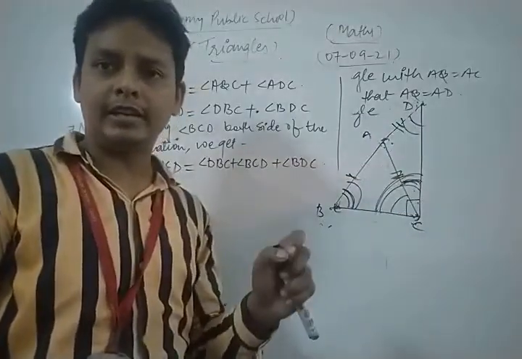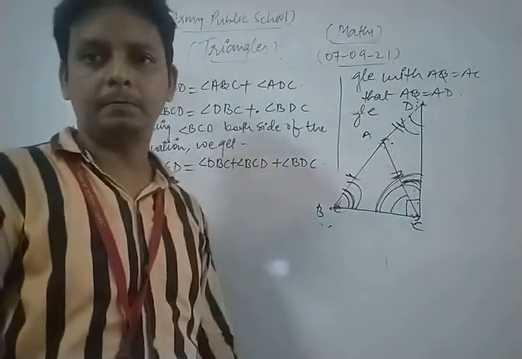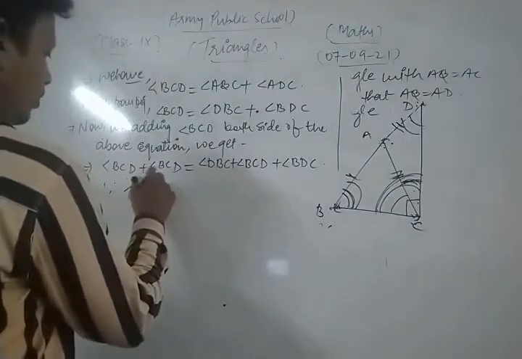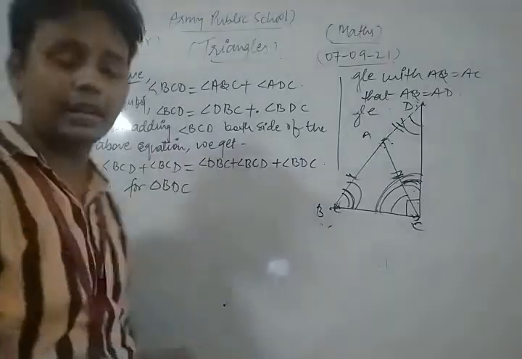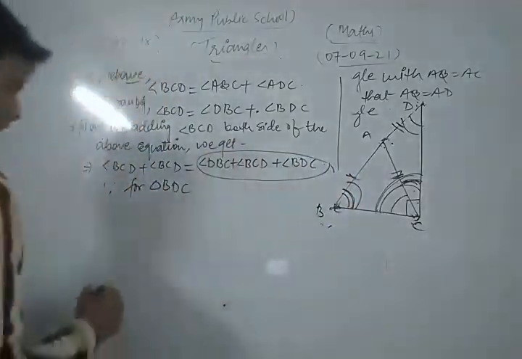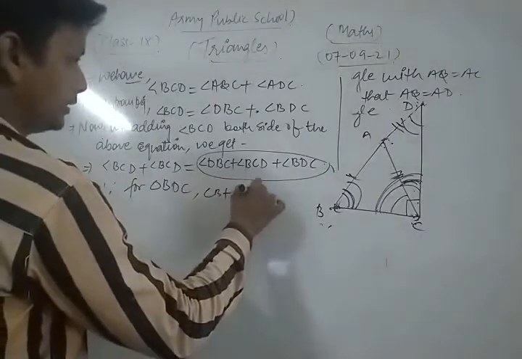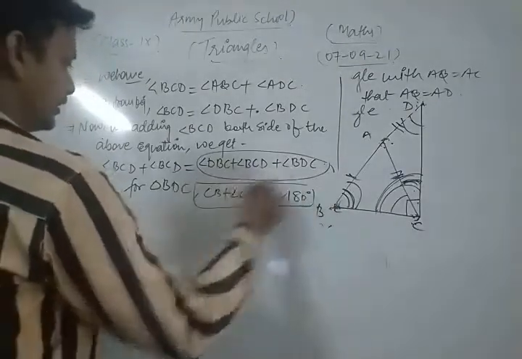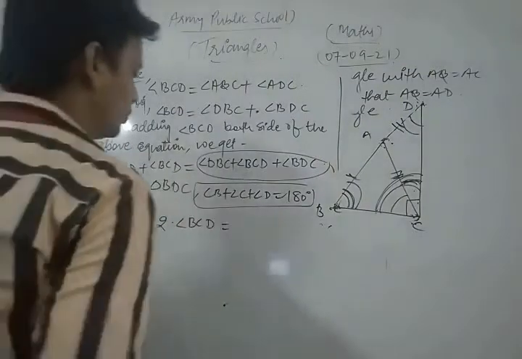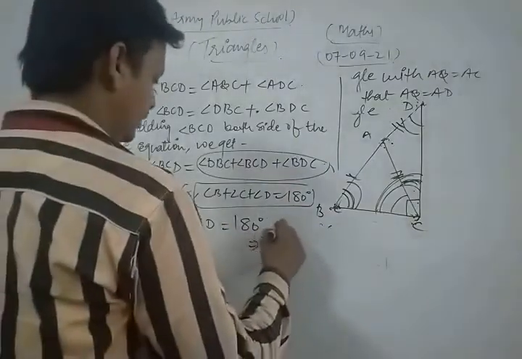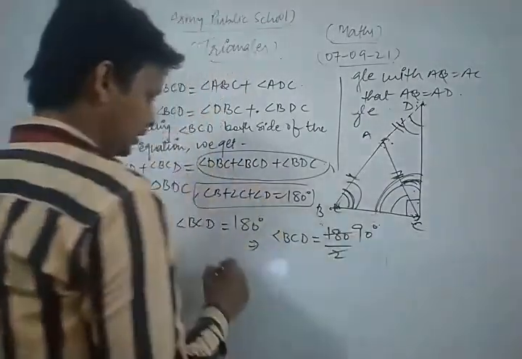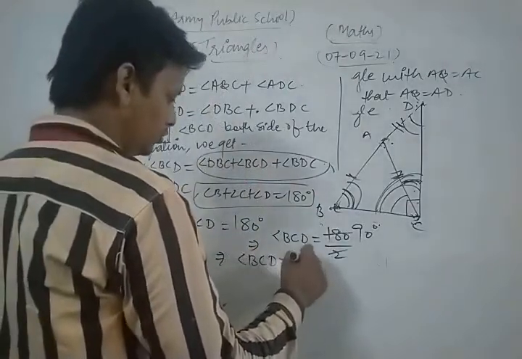You know that for any triangle, the sum of all angles of a triangle is 180 degrees. For triangle BDC, angle DBC plus angle BCD plus angle BDC is equal to 180 degrees. Thus 2 times angle BCD is equal to 180 degrees. So angle BCD is equal to 180 upon 2, that is 90 degrees.